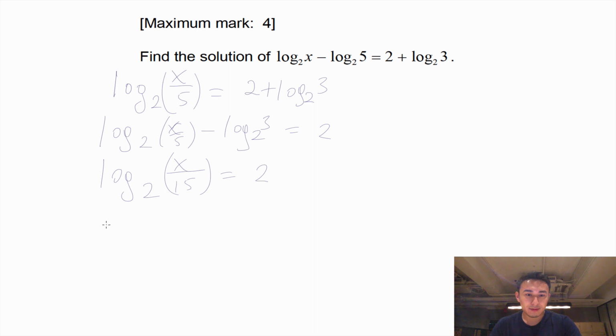Now the next step is we write it in the form 2 to the power of 2 is equal to x over 15. We are writing the logarithmic equation in the exponential form. Alright, so 2 squared is 4 is equal to x over 15, which means x is equal to 4 multiplied by 15 is equal to 60. And this is the answer.